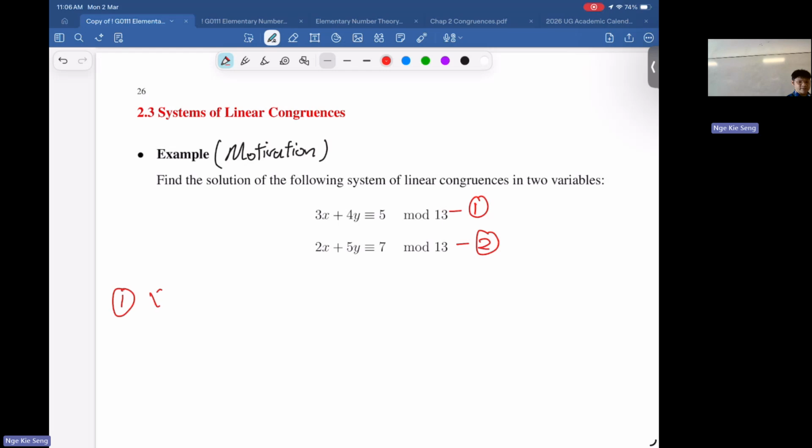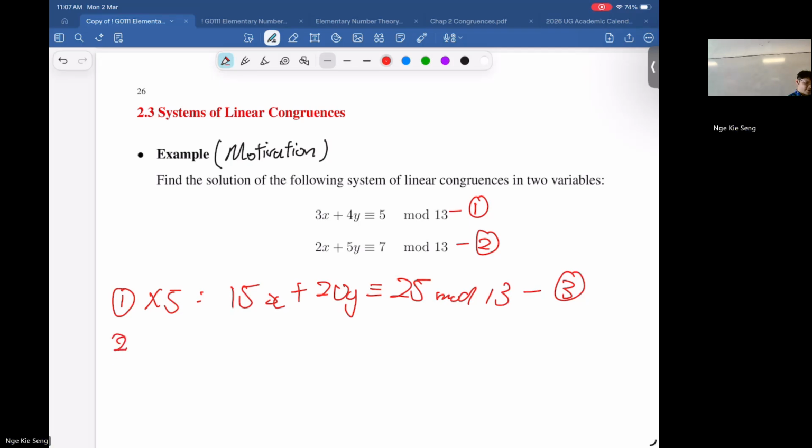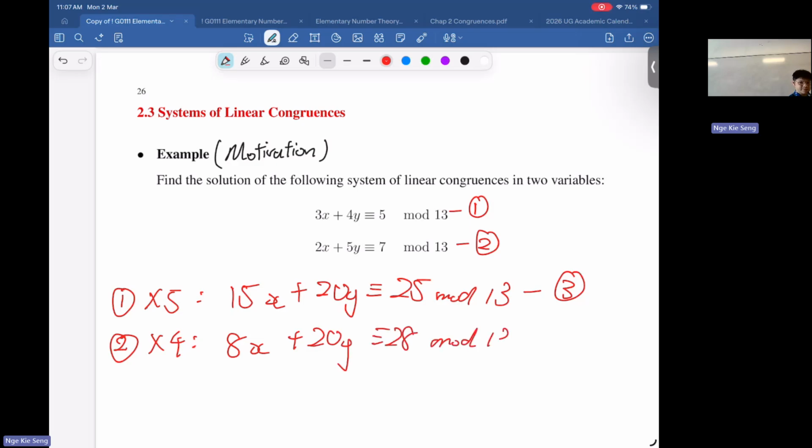So I multiply 1 by 5 such that I get 15x + 20y ≡ 25 mod 13. Then we call it equation 3. And then the second one I multiply by 4 to get 8x + 20y ≡ 28 mod 13. Then we call this equation 4.